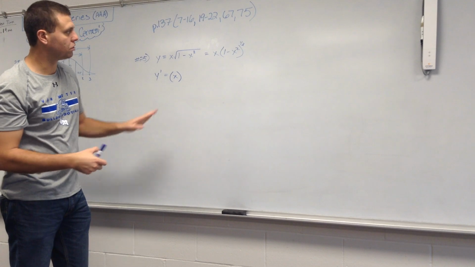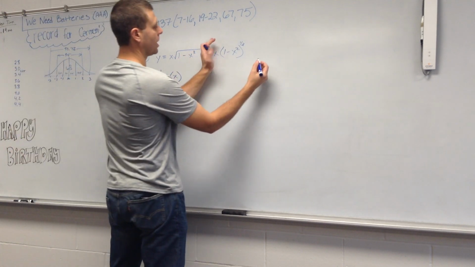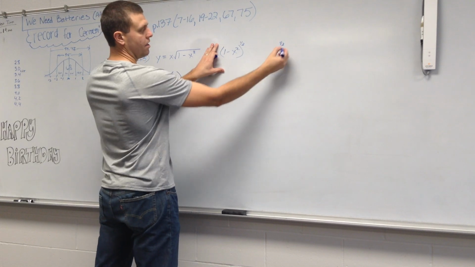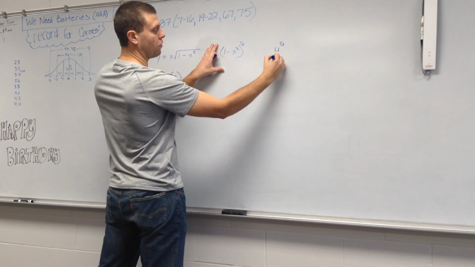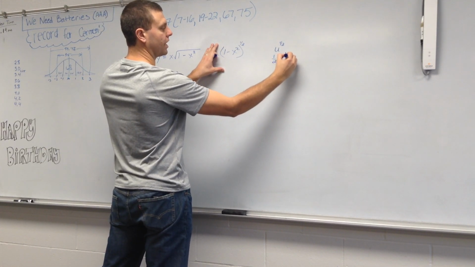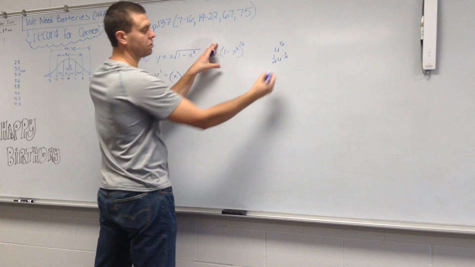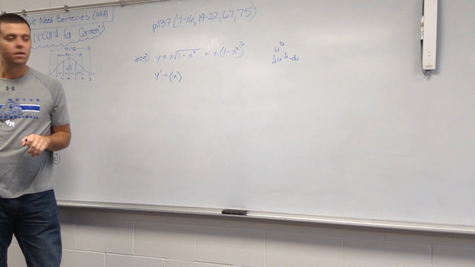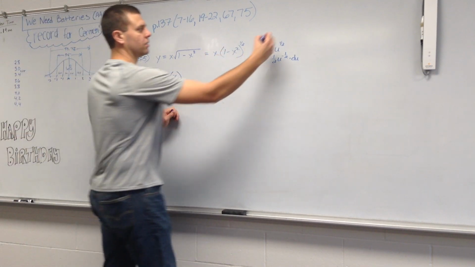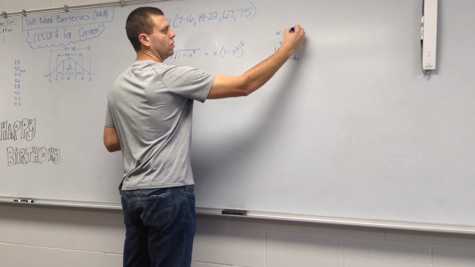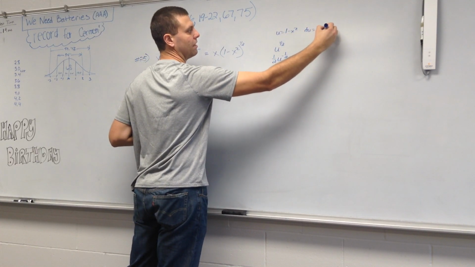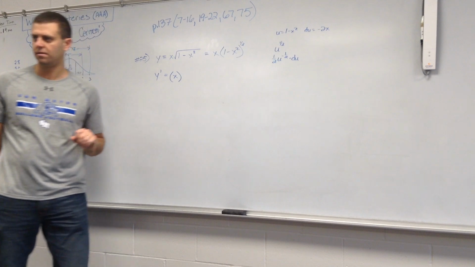When you do the chain rule, you pretend this is u to the 1/2 power, and the derivative of u to the 1/2 will be 1/2 u to the negative 1/2. Because we're using u substitution, we then take that times the derivative of u. u is 1 minus x squared, so du would be negative 2x, correct?